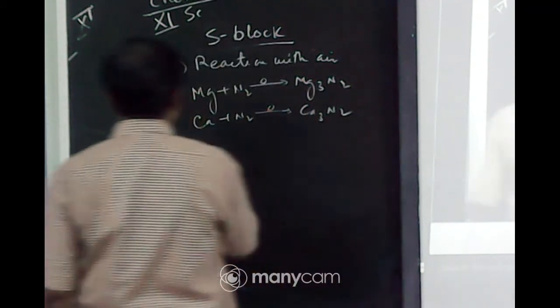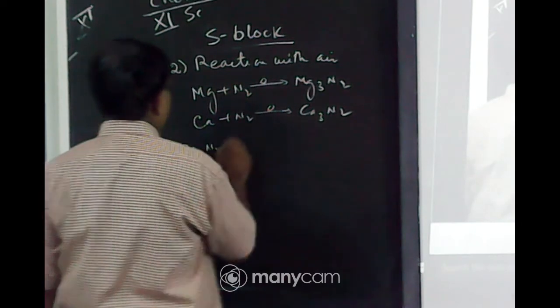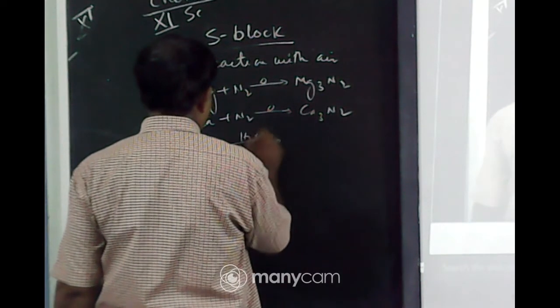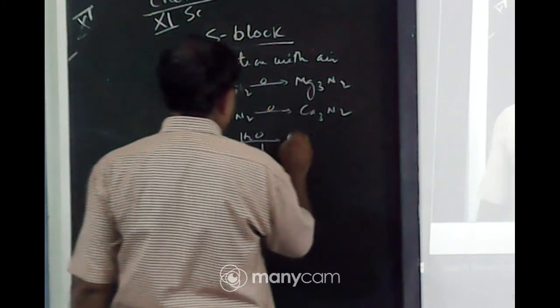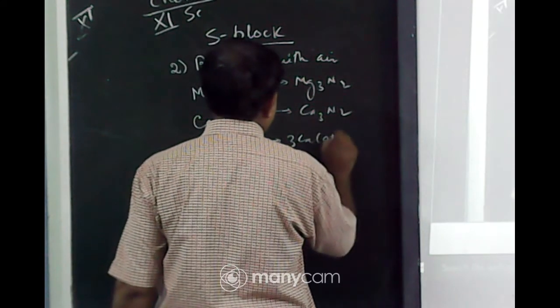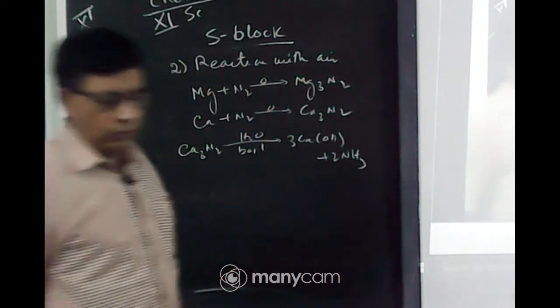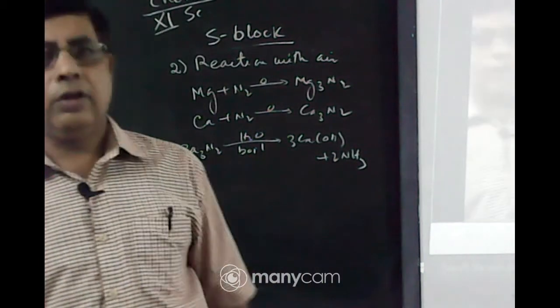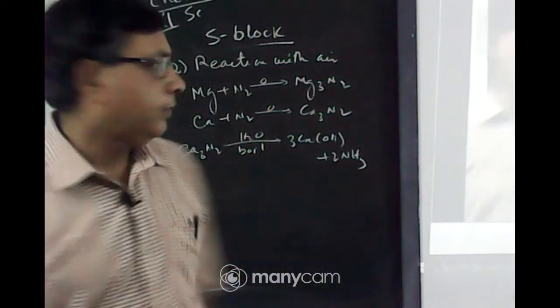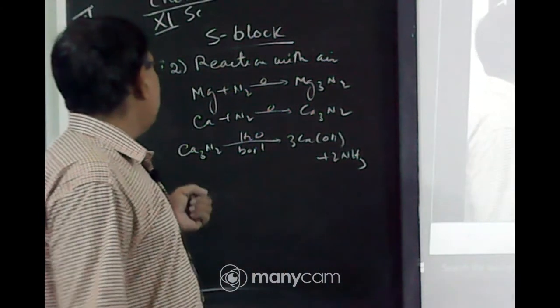This nitride, say Ca3N2, when reacted with boiling water, forms calcium hydroxide and ammonia gas. This nitride when boiled with water forms the corresponding hydroxide and ammonia gas. So, these are the reactions with air.